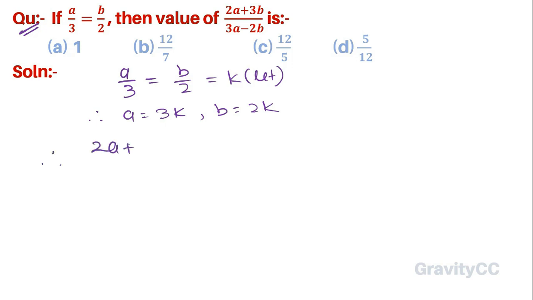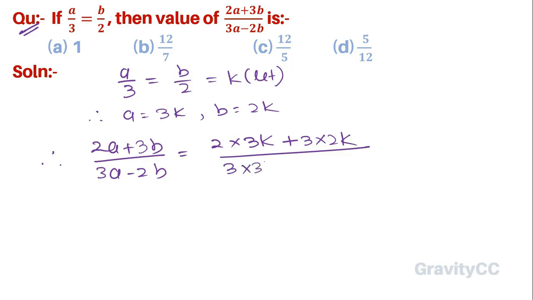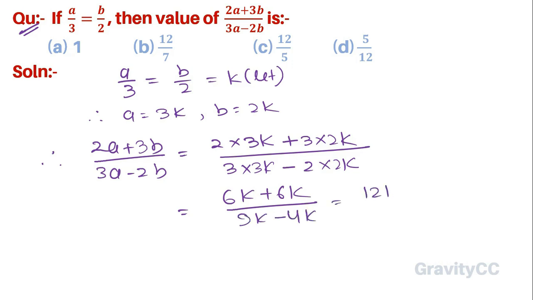Therefore 2A plus 3B upon 3A minus 2B is equal to 2 into 3K plus 3 into 2K upon 3 into 3K minus 2 into 2K. So is equal to 6K plus 6K upon 9K minus 4K. So 12K upon 5K. So K cancel. 12 upon 5. Answer.